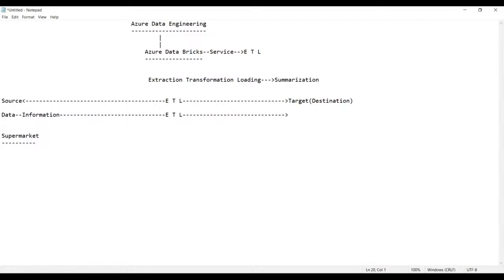You have product ID, product rate, product quantity sold (QTY), and date of sales. These are the columns we have.